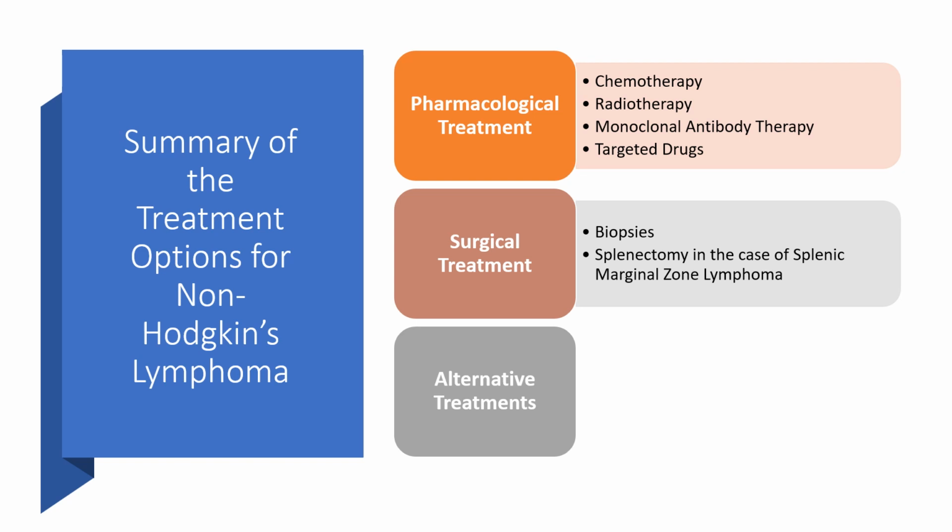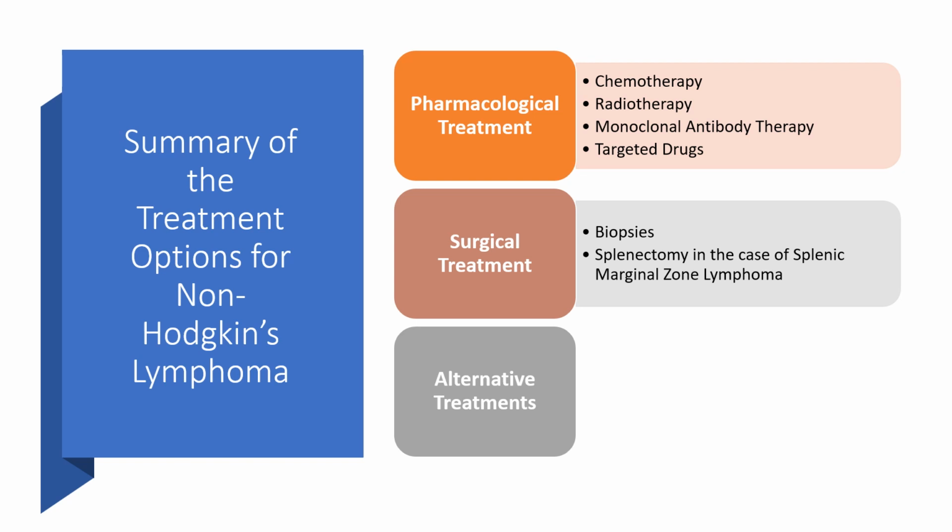Summary of treatment options for non-Hodgkin's lymphoma. So to summarize the treatment options, we have pharmacological treatments, which are the most successful and most widely used. They include chemotherapy, radiotherapy, monoclonal antibody therapy, and targeted drugs. For testing purposes, we have surgical treatments.